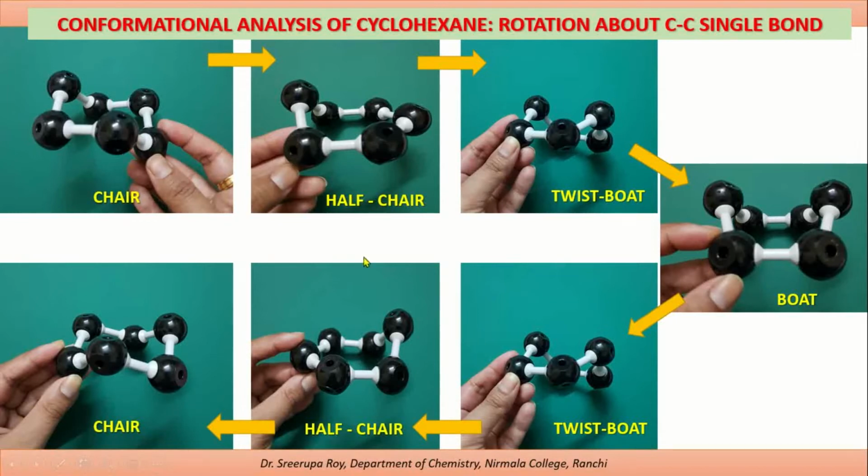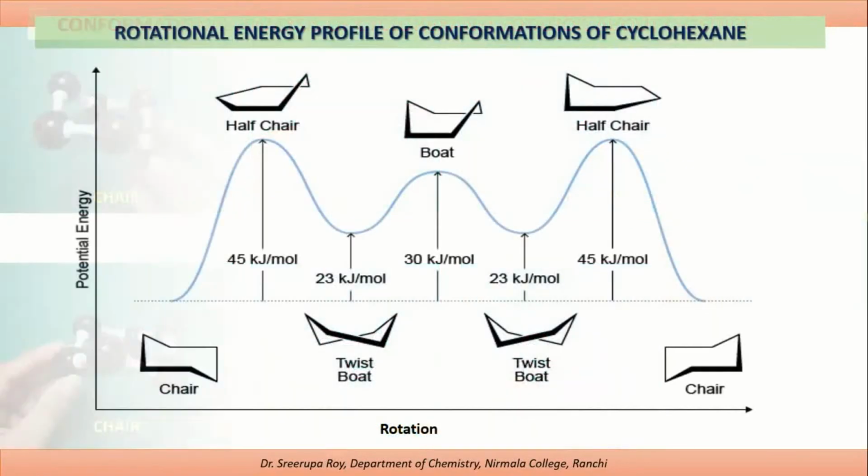Similarly, the two half chair conformations are mirror images of each other, and the twist boat conformations are also mirror images of each other. There is also no difference in energy levels of the two half chair conformations and the two twist boat conformations. The rotational energy profile of the different conformations of cyclohexane is depicted in this diagram.